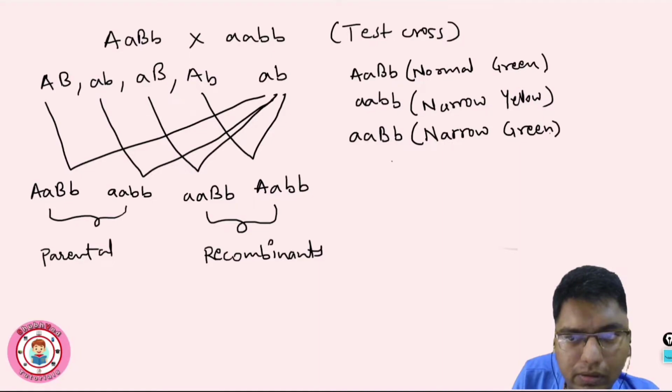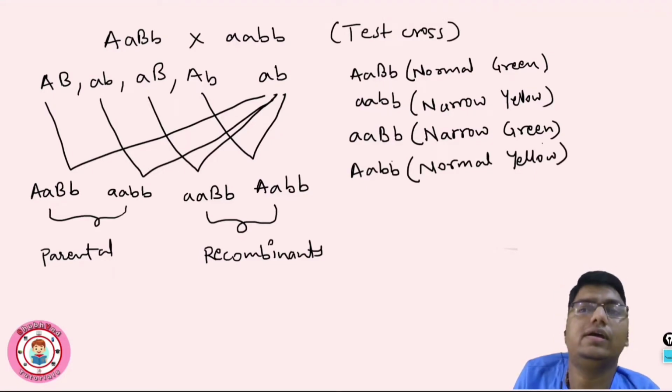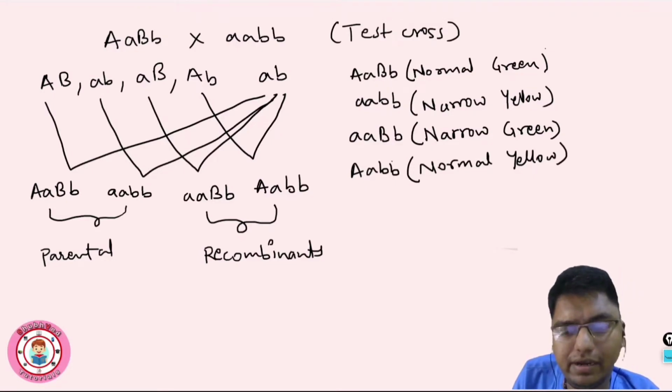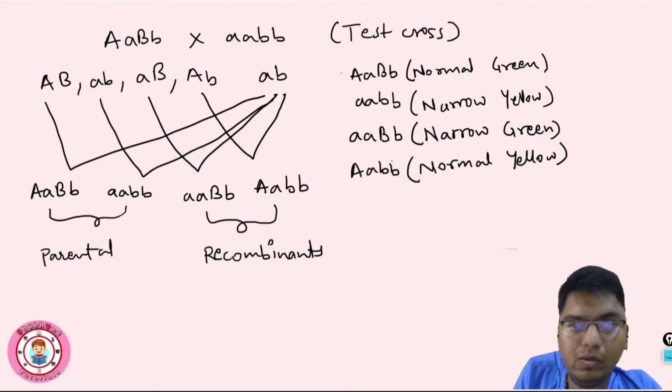Narrow green. And normal yellow. Okay. So these are the four genotypes. So now what we are having data here. Okay. As we know, these are the parental. These are parental and these are recombinants.